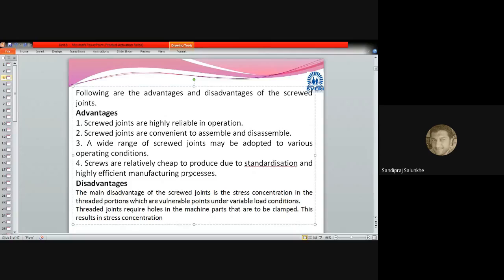Screw and bolt, nut and bolt, are separated by only one thing. A screw can be used individually, but the bolt, as we will see, is used with the nut. It doesn't mean that a screw doesn't require any nut, but the screw has its nut in the body itself where we are going to connect it.